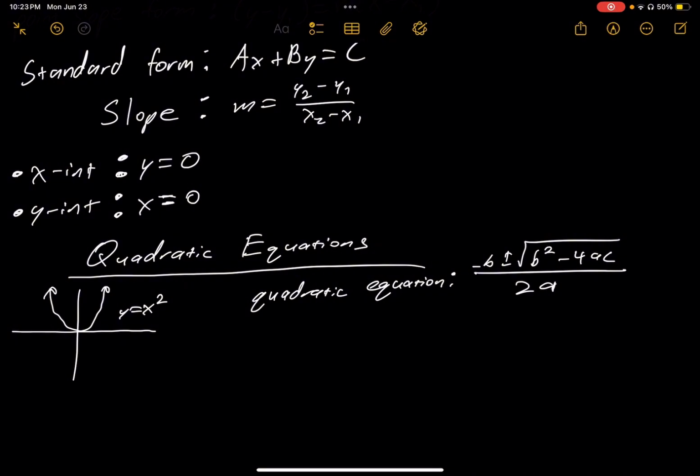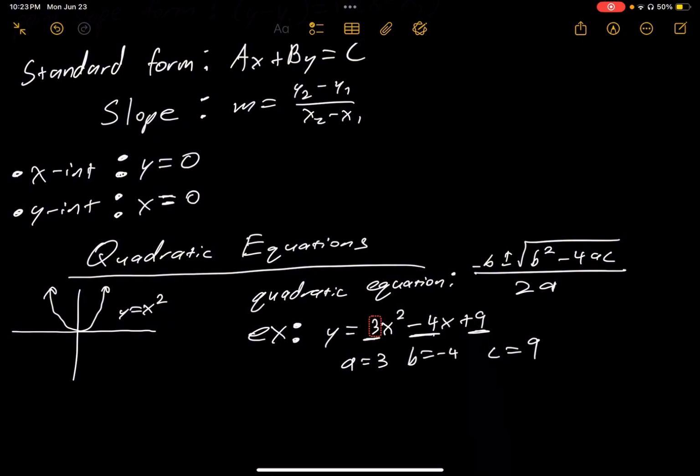So for instance, if your equation is y is equal to 3x squared minus 4x plus 9, your a value is going to be 3, your b value is going to be -4, and your c value is going to be 9. So you need to know how to find each. It's really just the coefficient of each one.